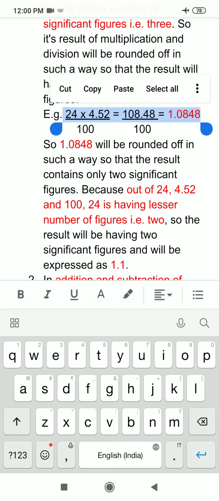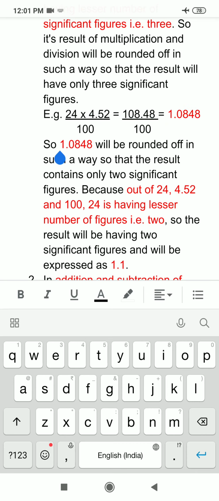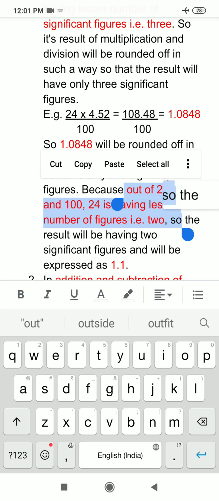Now if I ask you in how many significant figures you will express the result, it is having 5 significant figures, but when rounding off, you will have to see your values. Out of these 3 values, that is 24, 4.52 and 100, 24 is having fewer significant figures. 24 is having 2 significant figures, 4.52 is having 3 and 100 is having 3 also.